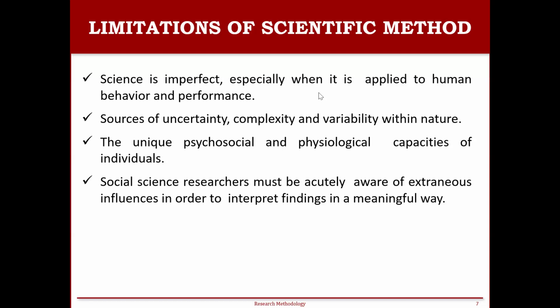And as I explained earlier, as we are dealing with human bodies, most of the time when we are dealing with people, their mindset, their attitudes, their capabilities, their capacity, their biological aspects, their psychological aspects, everything is different from one person to another.